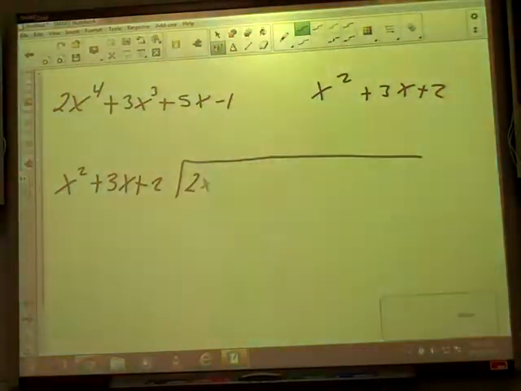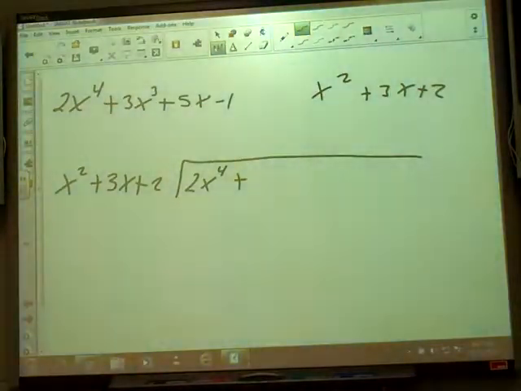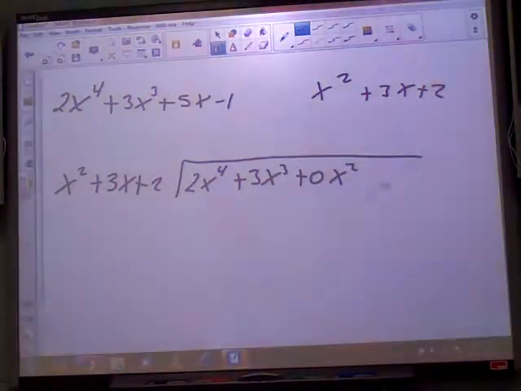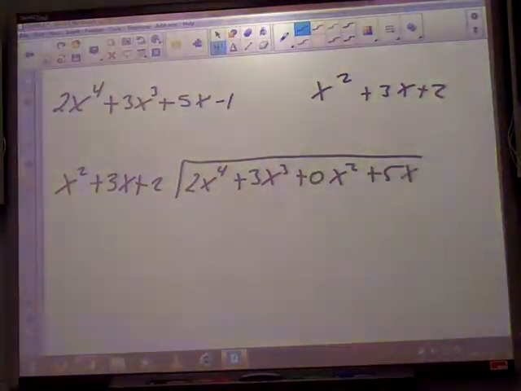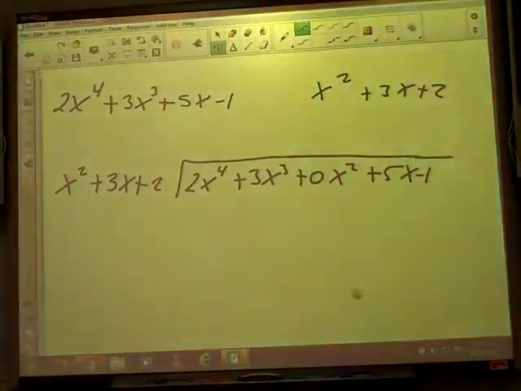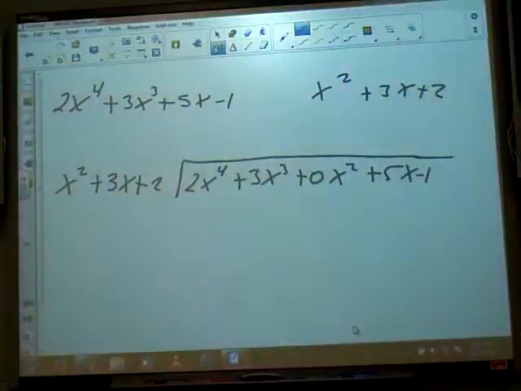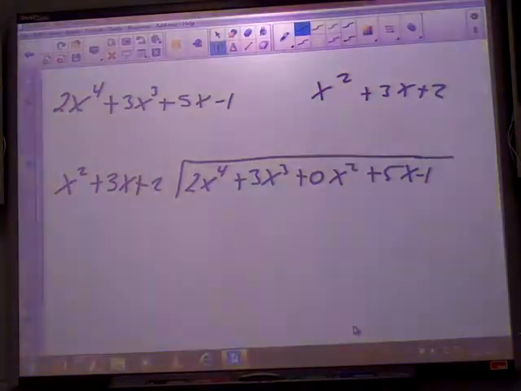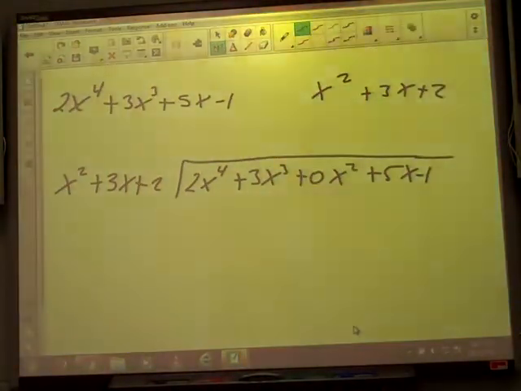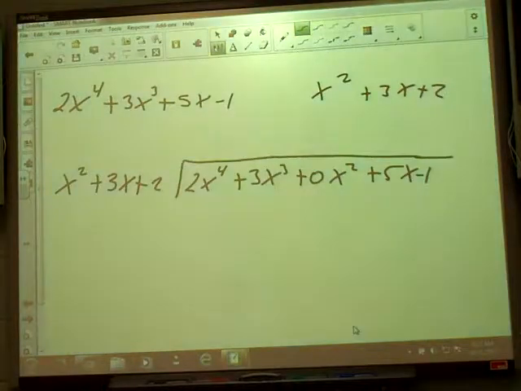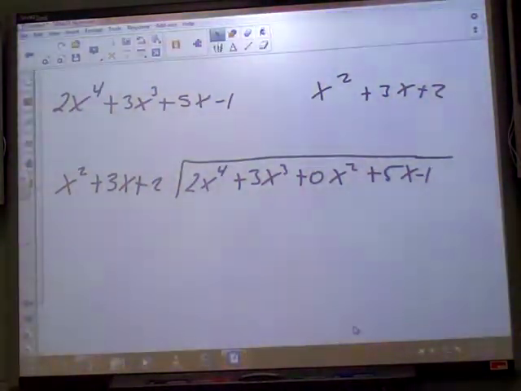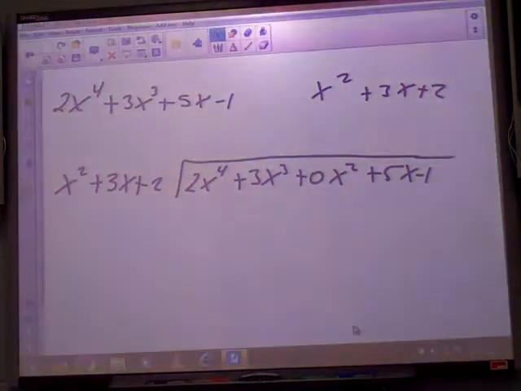So I'm going to write 2x to the fourth plus 3x cubed plus 0x squared plus 5x minus 1. You have to do that 0 thing on the outside too. This one just didn't need it. We had a 2, 1, and a constant on the outside, so it was good to go. It's kind of like you have to have something in that spot, a placeholder kind of thing.